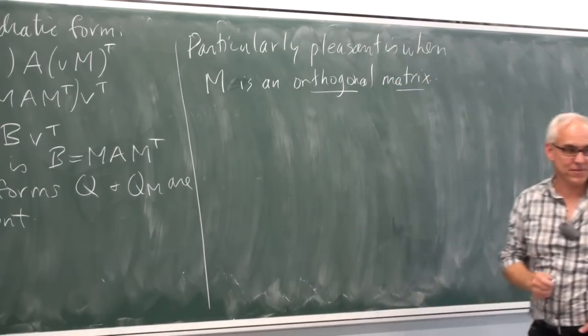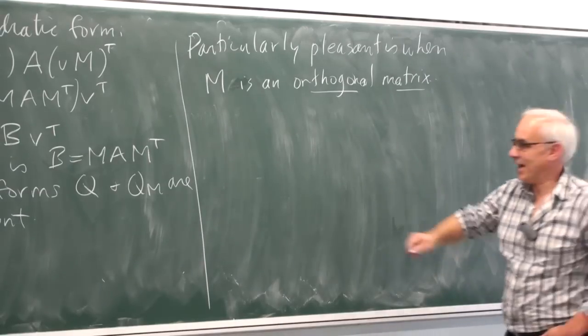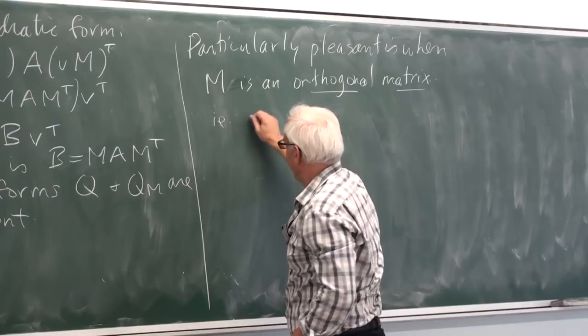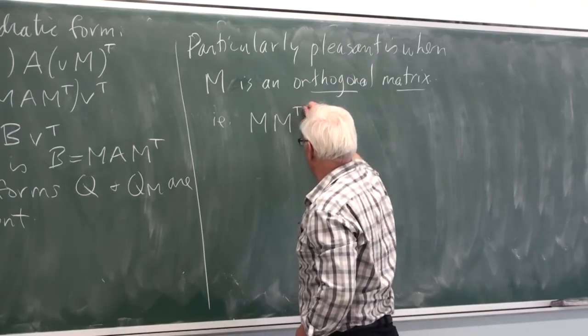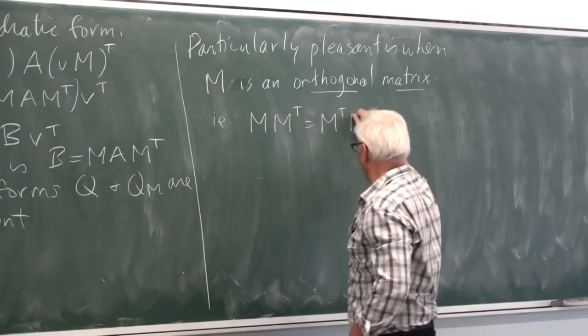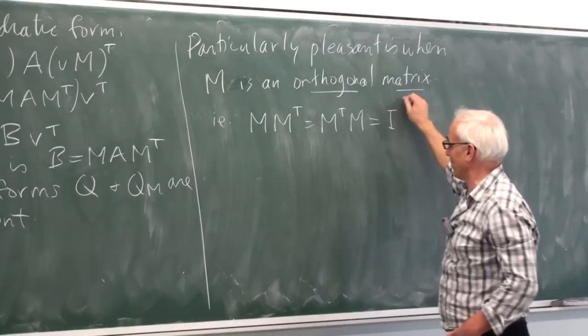What does that mean? Well, it means that M times M transpose equals M transpose times M is the identity matrix.